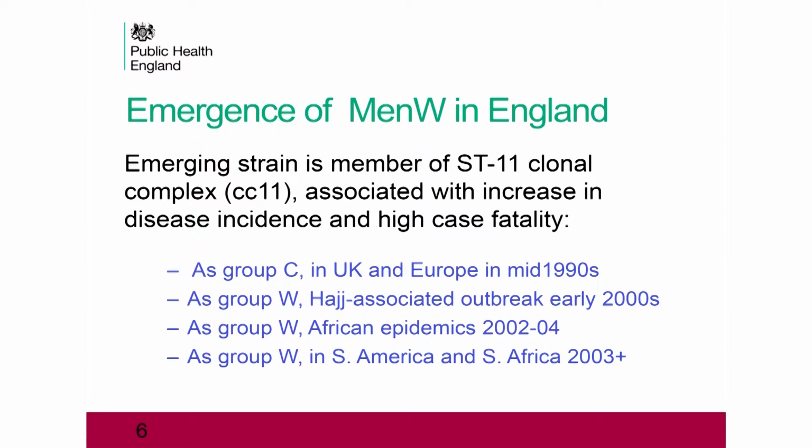So we've seen various CC11 outbreaks previously: as Group C disease in the UK and Europe in the 1990s, which led to the introduction of the conjugate vaccine at that time; as Group W with that Hajj-associated outbreak I've just mentioned; as Group W in African epidemics, which began around 2002 and lasted for 2 or 3 years; and as Group W, which emerged in Brazil in South America, then spread to Argentina and then to Chile, and also in South Africa from around 2003 onwards.